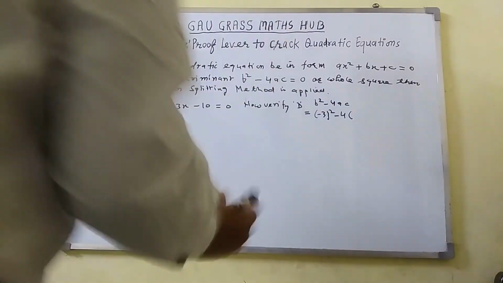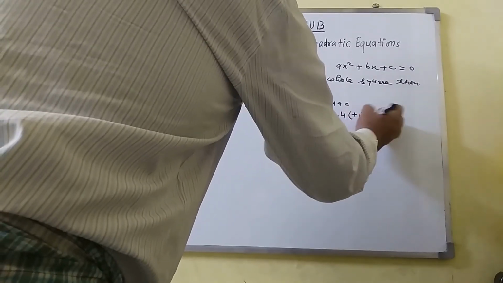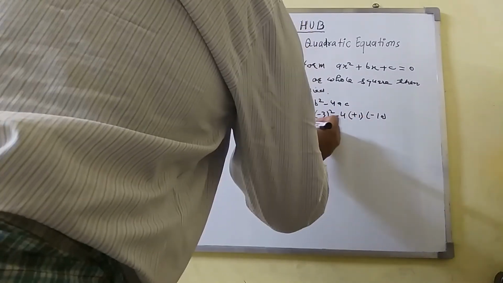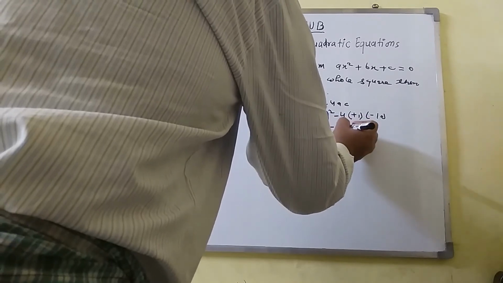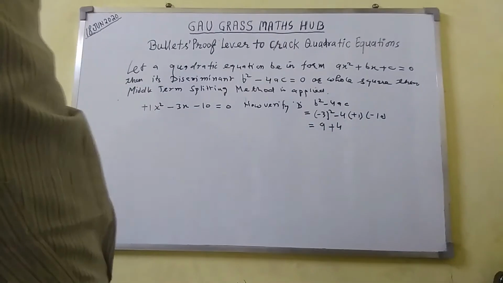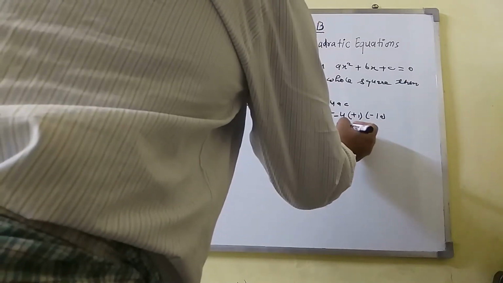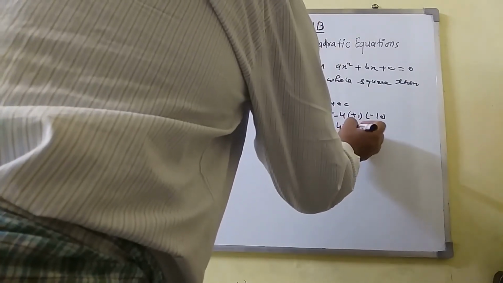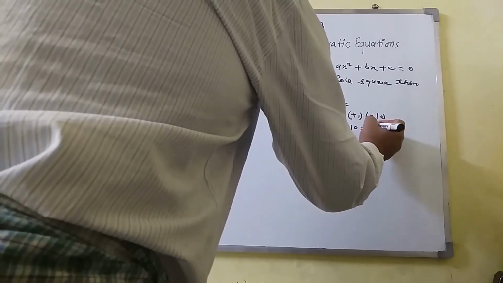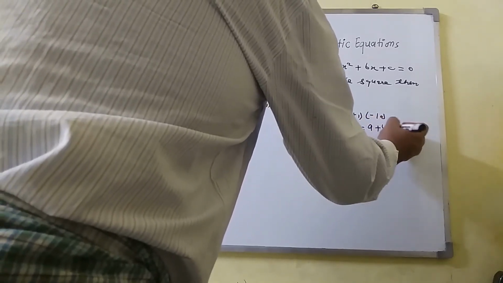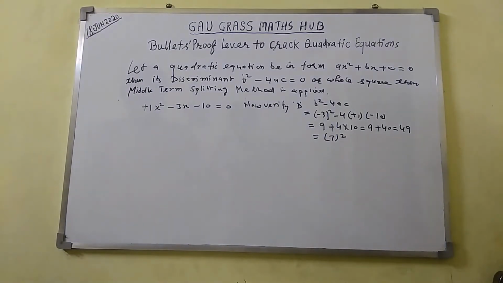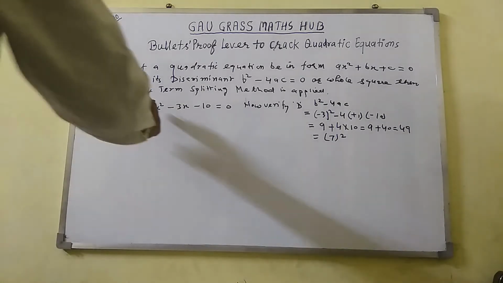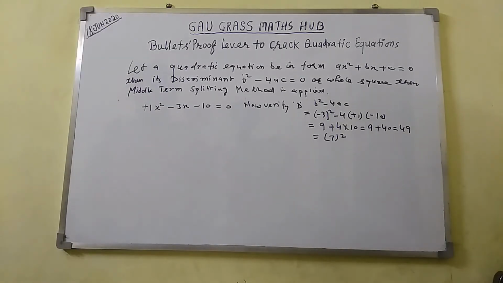Minus 4, the value of a is plus 1 and the value of c is minus 10. This will become 9 plus 40 equal to 49, which is 7 whole square. This means that this quadratic equation can be solved through the middle term splitting method.